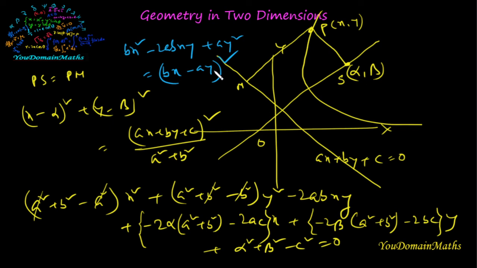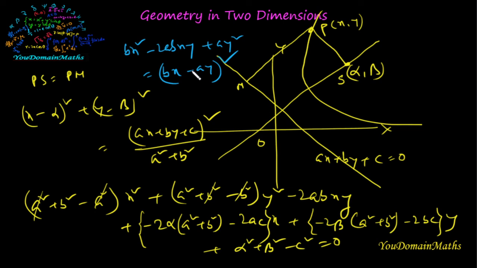So we can say that the equation is a parabola if the second degree terms form a square term.